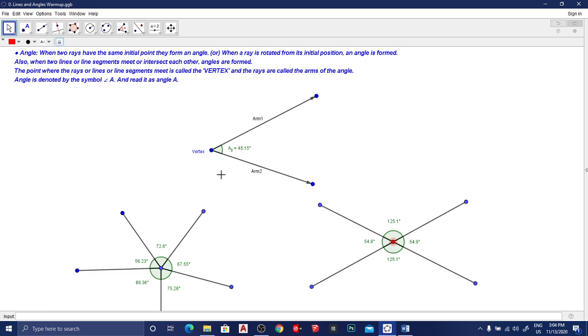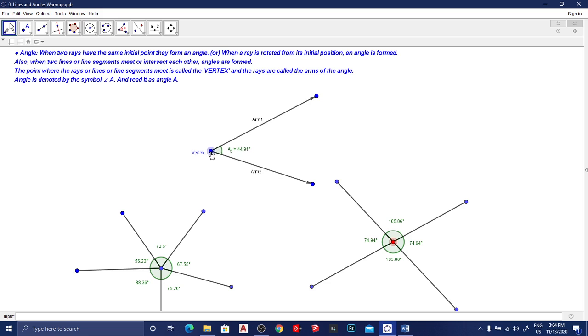When two lines intersect each other, they will form angles like this, and if we rotate them like this, those angles will also change. This is the third possibility. Next, the point where the rays or lines or line segments meet is called a vertex.